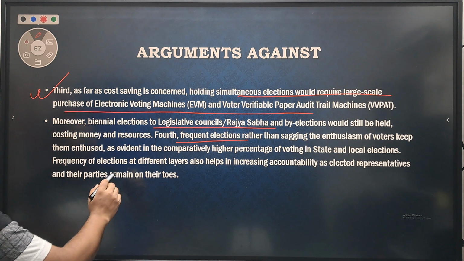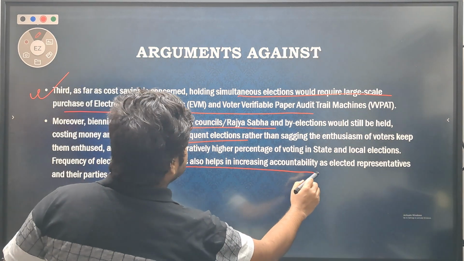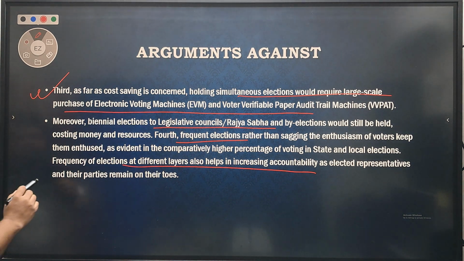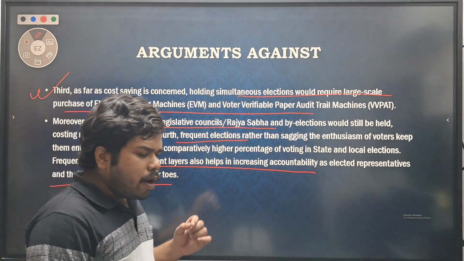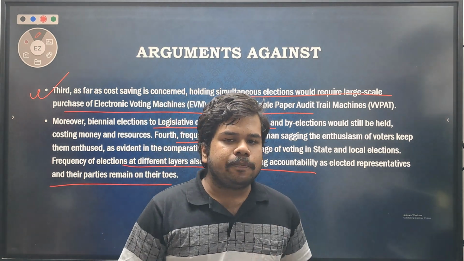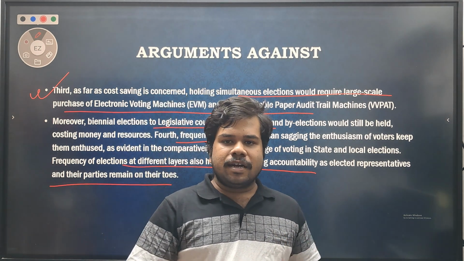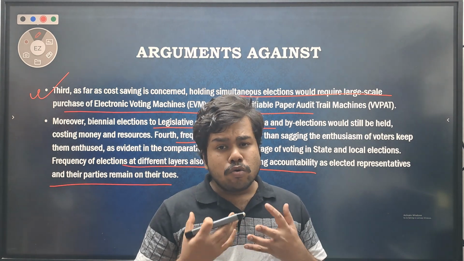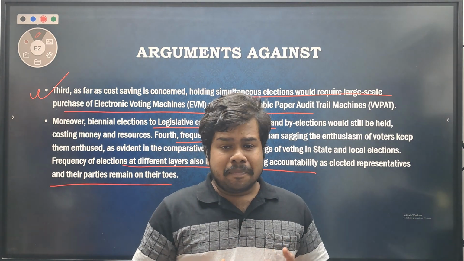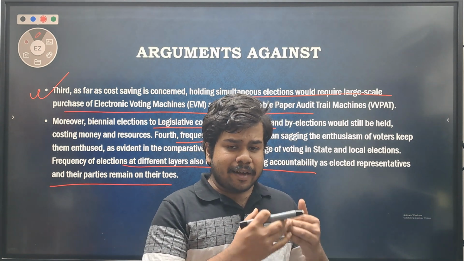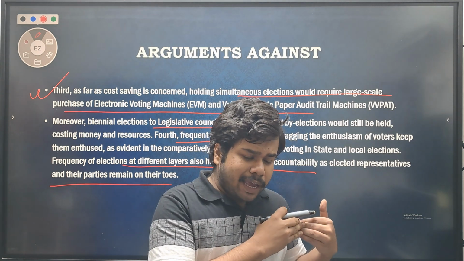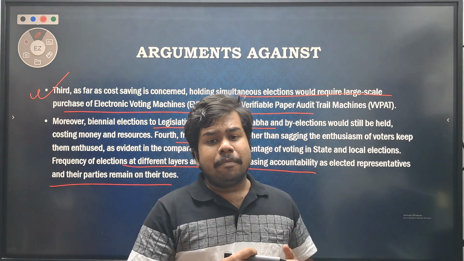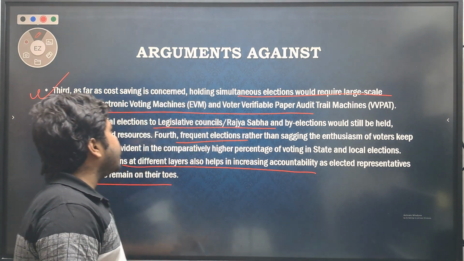Frequency of elections at different layers would also help increase accountability, as elected representatives and their parties remain on their toes. So every fifth year, the political party's representative comes to the house of the normal citizens to ask for votes. That process will come to a halt when simultaneous election would come in every 5 years. Okay.